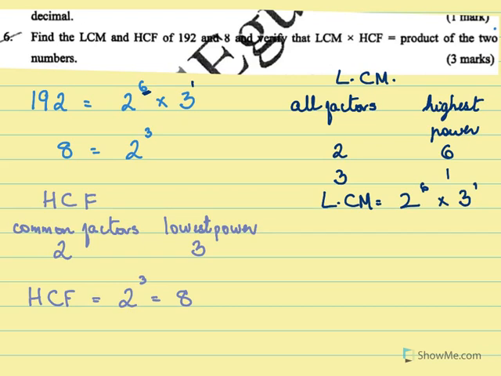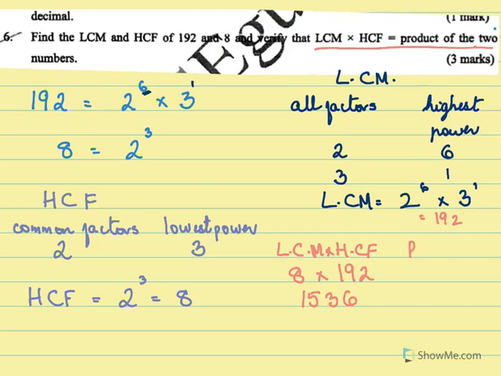In the next part now we've got to show that the product LCM into HCF is the product of two numbers. So let us find LCM into HCF. HCF is 8, and LCM is 192. I have not done it here. This will be 192, and on multiplying you get 1536.